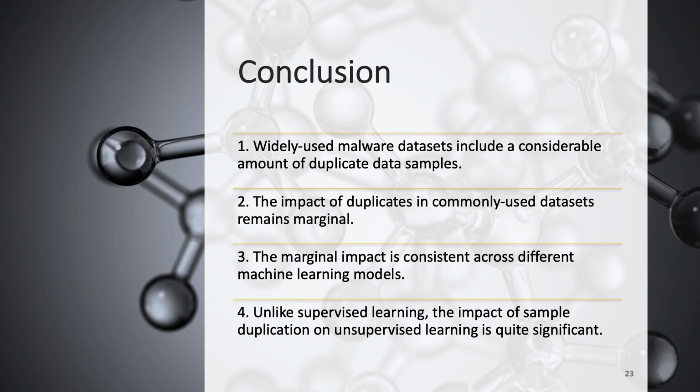The third one is that the marginal impact is consistent across different machine learning models trained with different algorithms, including random forest and SVM. And the last one is that, unlike supervised learning, for which insignificant impact is observed for malware detection, the impact of sample duplication on unsupervised learning, especially on malware clustering, is quite significant.